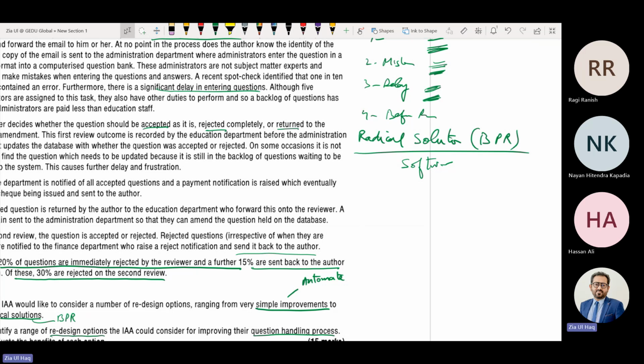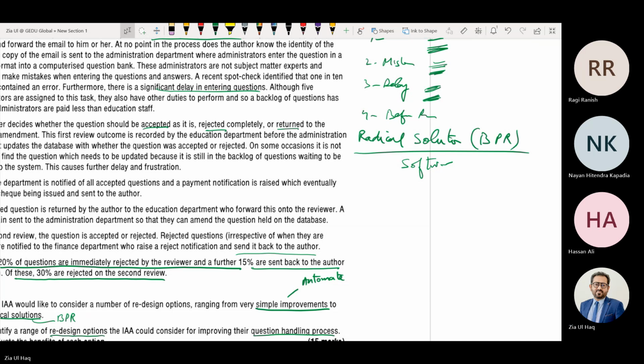He was sending it to you through email while typing. So he can simply type into the software directly. If he is typing into the software, there will be no need for these administration department mistakes and errors. Because if he is typing, ultimately he will type correctly because he is an expert. There is nobody more expert than him.